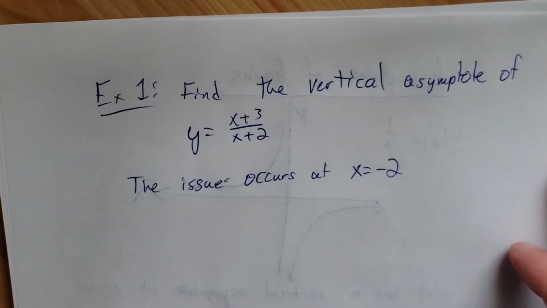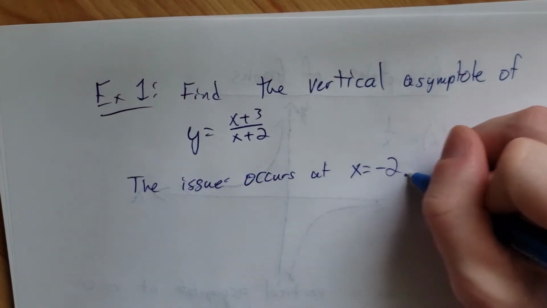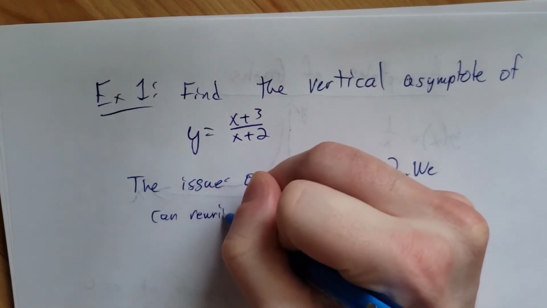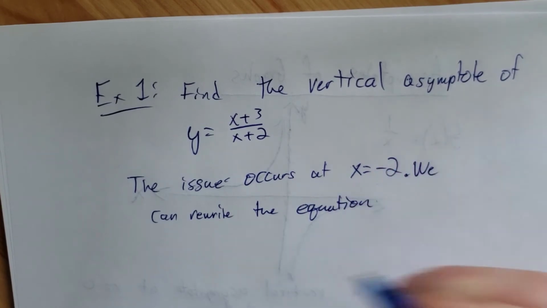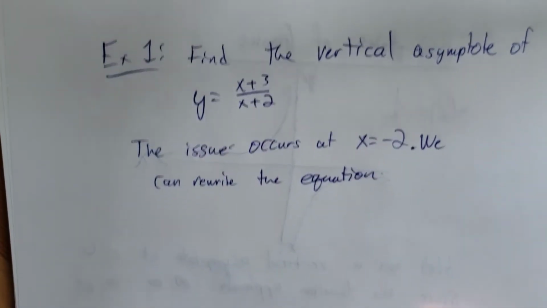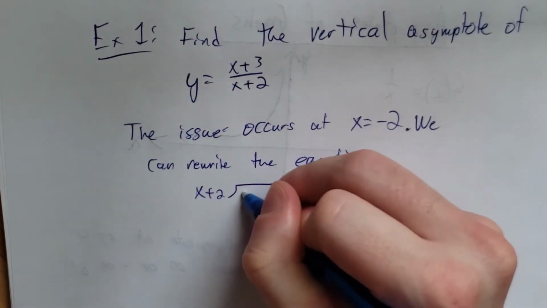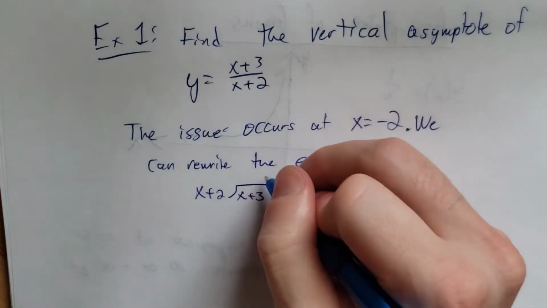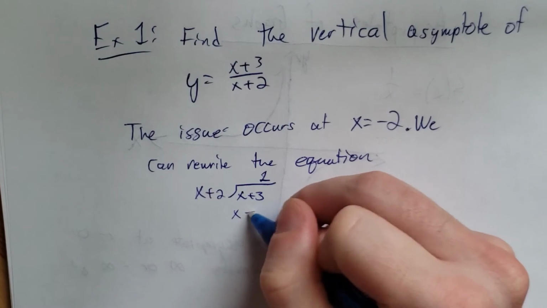So what can we do? Well, we can rewrite the equation. And we're going to do that by dividing here. So let's divide x plus 2 into x plus 3 and rewrite our equation. X goes into x one time here, so then 1 times x is x, 1 times 2 is 2.